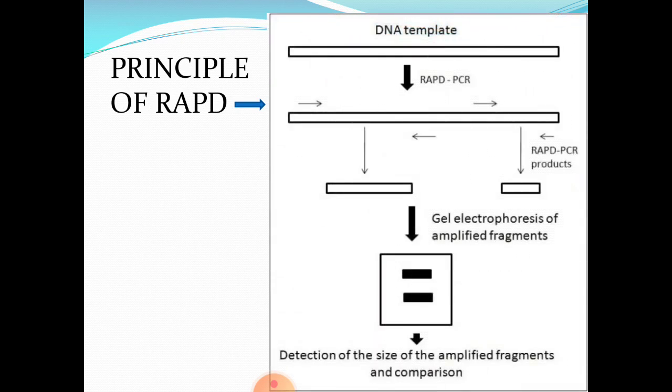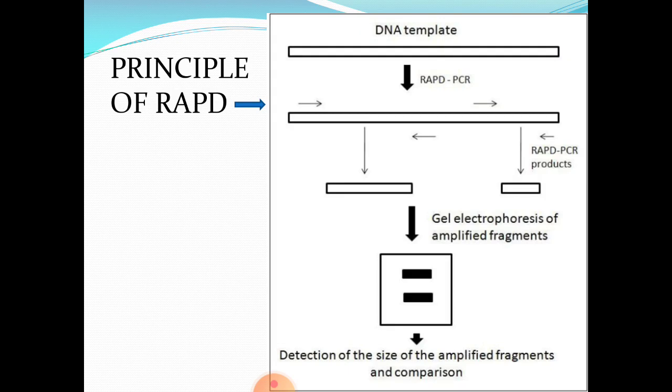Then, what is the principle of RAPD? What exactly is done? See, in the diagram you can see the DNA template, and you are going to subject it to RAPD. You are going to put the primers randomly, right? And then the PCR reaction will take place. So you will get RAPD PCR products.